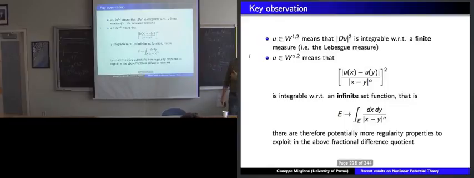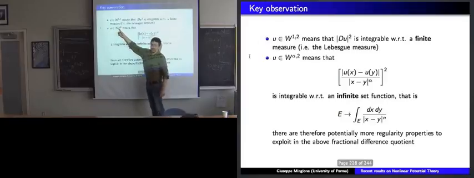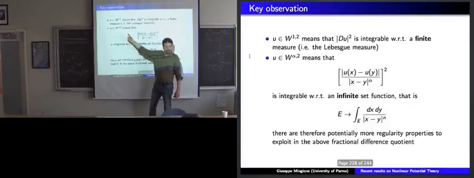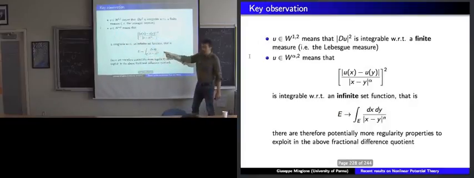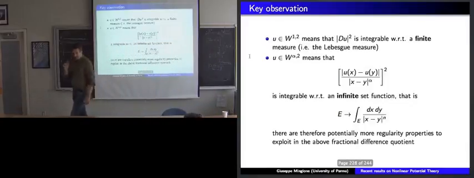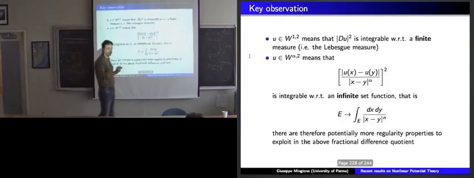Right? Now, what does it mean that the function is in W^{alpha,2}? This means that this object, which is dimensionally the analog of a gradient, is finite, but when you test it against a singular measure. So there should be a microscopical information of a logarithmic type, which is hidden here.